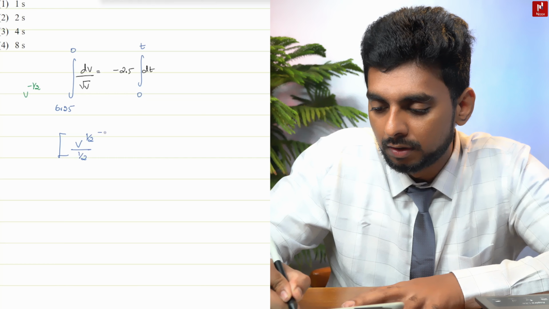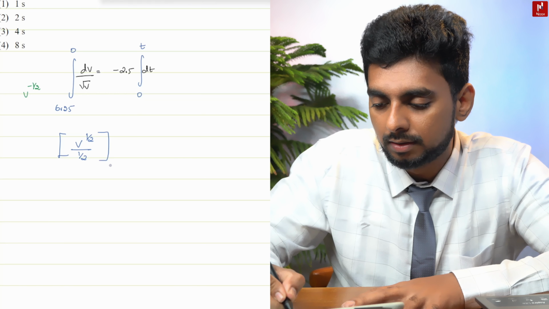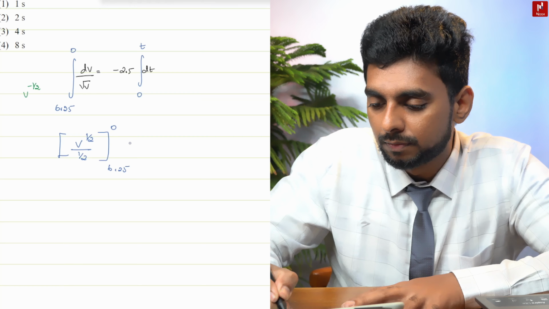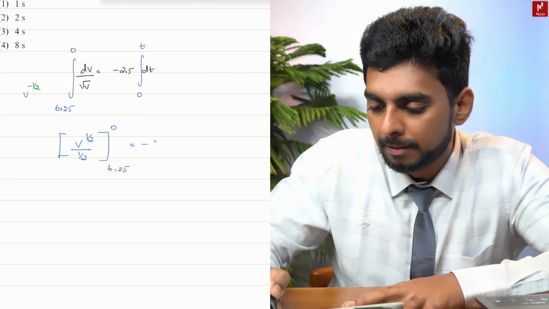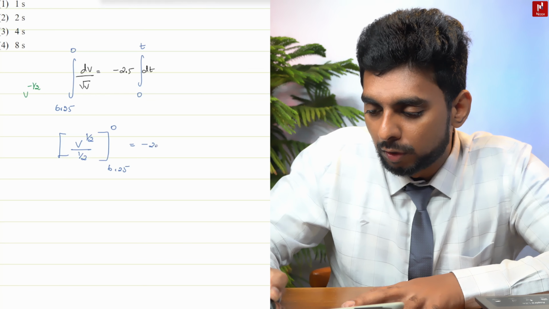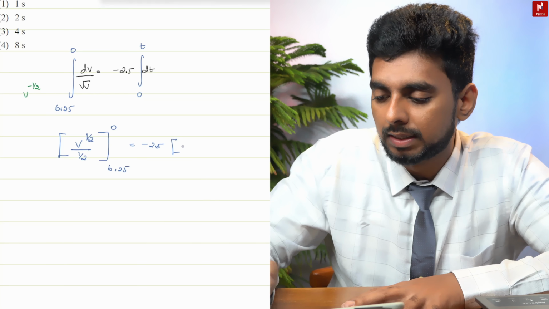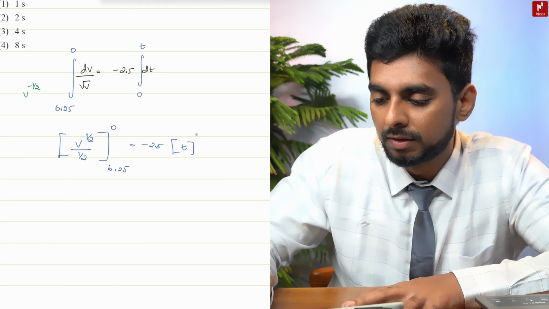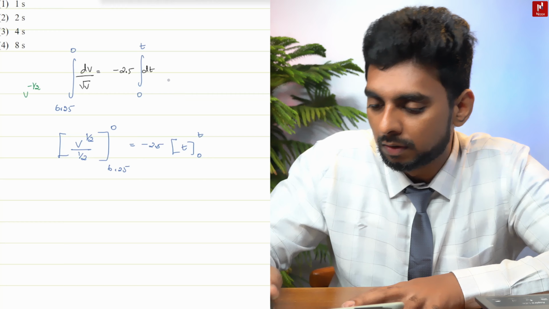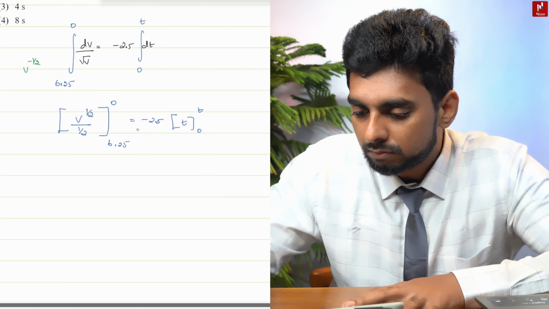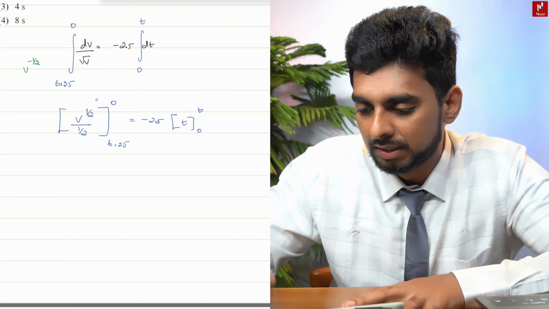Okay, then just 6.25 and the limit 0, which will give you negative 2.5. Here, if I do the integration of dt, that's going to be t, and the limit will be from 0 to t. Okay, so it is done. Just apply the limits, you'll get the answer.